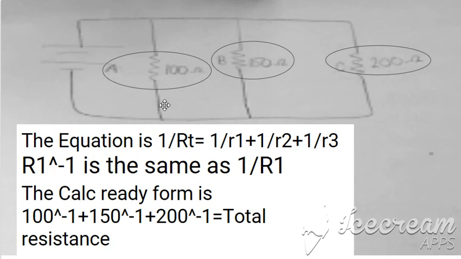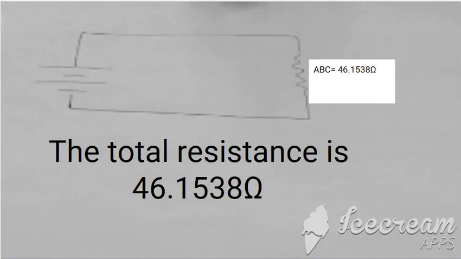So our calculator ready form would say 100, which is resistor A, to the negative first power, plus B, 150 to the negative first power, plus C, which is 200 raised to the negative first power, as seen down here. Once that is all said and done, you put that in your calculator and you're going to get 46.1538 ohms, and that is your total resistance for this parallel circuit.